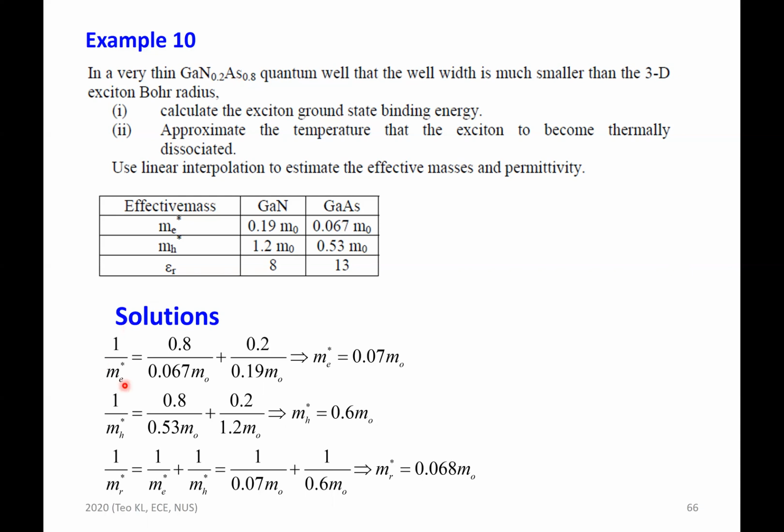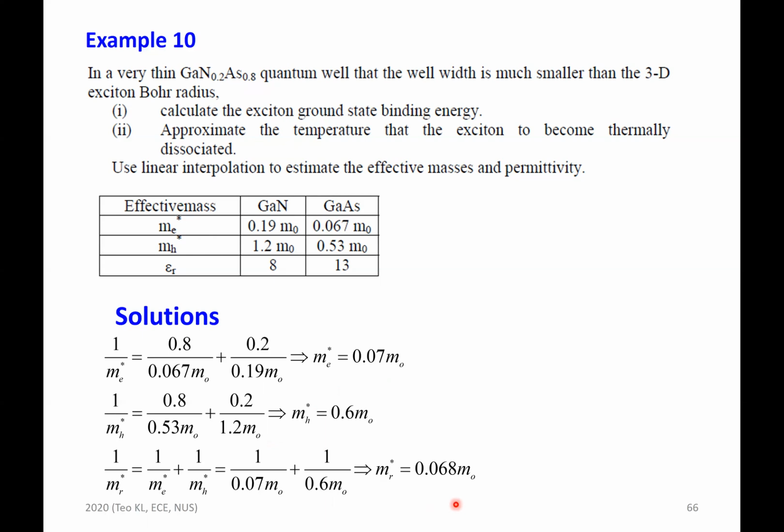So by linear approximation, gallium arsenide 0.8 times the electron effective mass, and then 0.2, which is the gallium nitride, which is 0.09, the effective mass of gallium nitride. Then you get the effective mass of the alloyed gallium nitride arsenide. Similarly, you do that for the hole, and then you calculate the reduced mass.